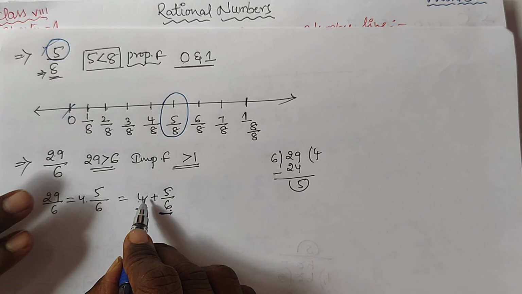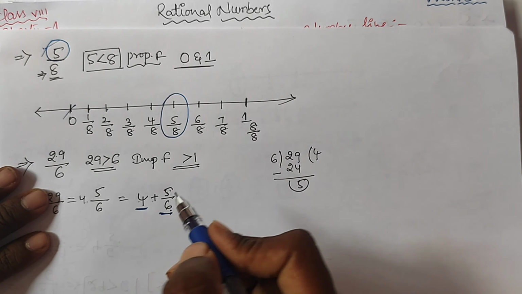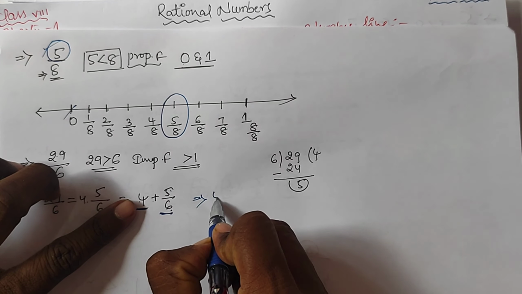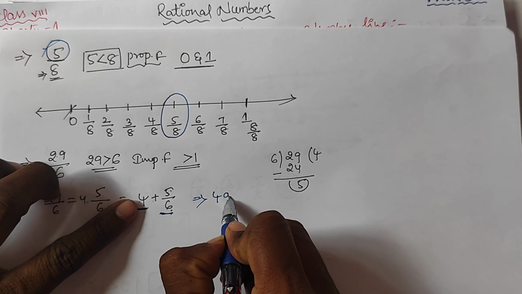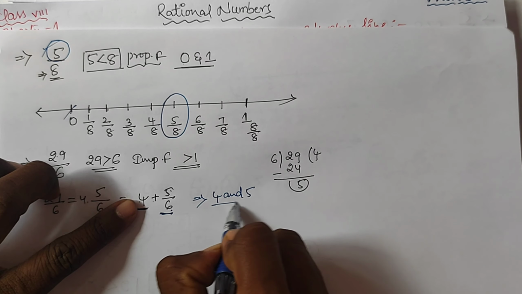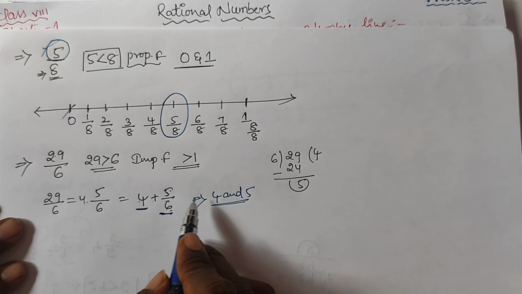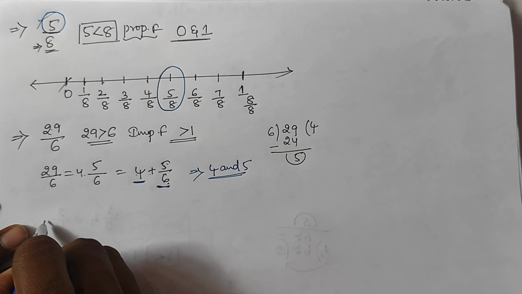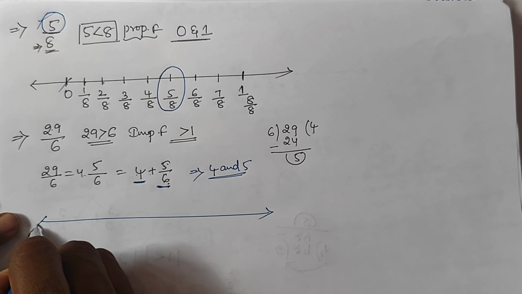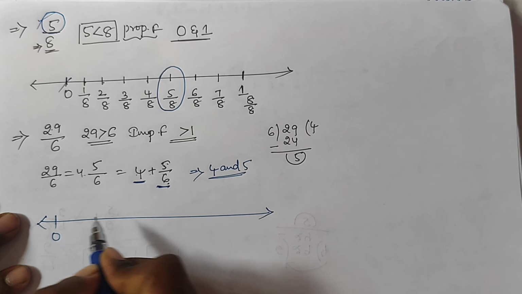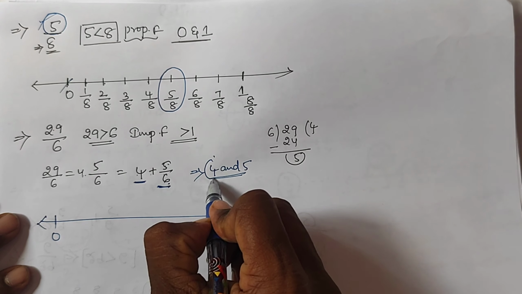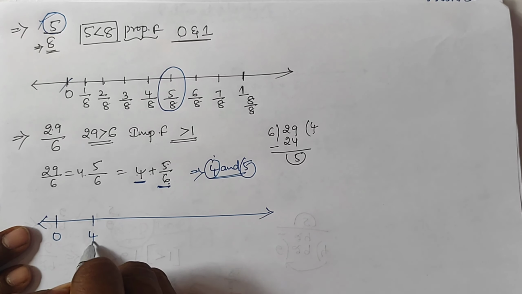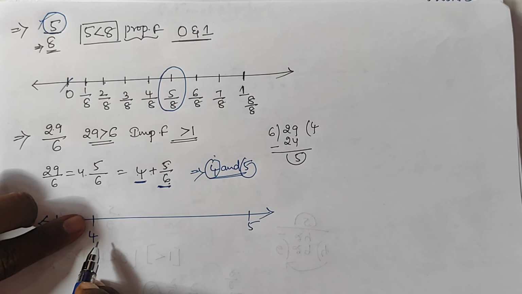Okay, that means 4 plus something, nothing but the value lies between 4 and 5. Okay, now considering a number line here 0. So it lies between 4 and 5. Now starting here at 4, considering here 4 and 5.